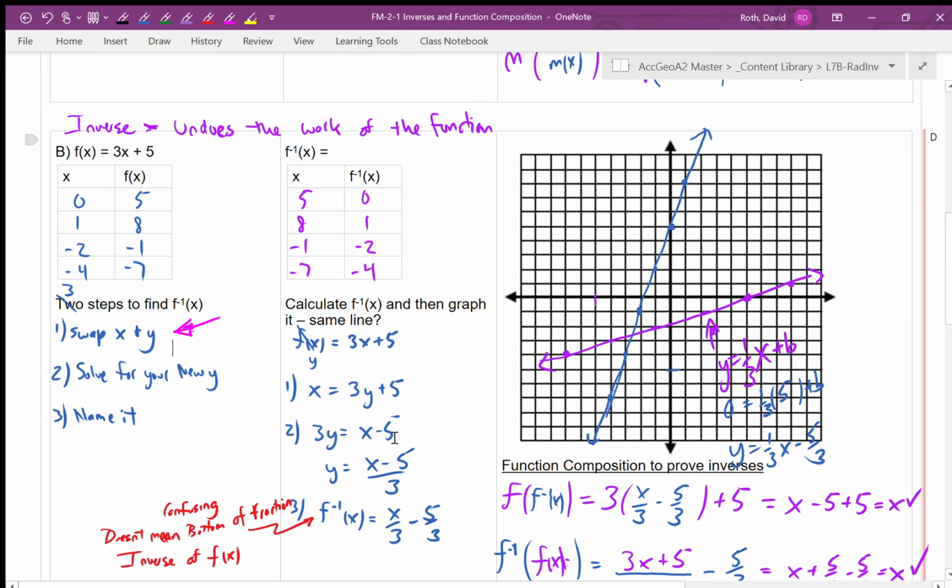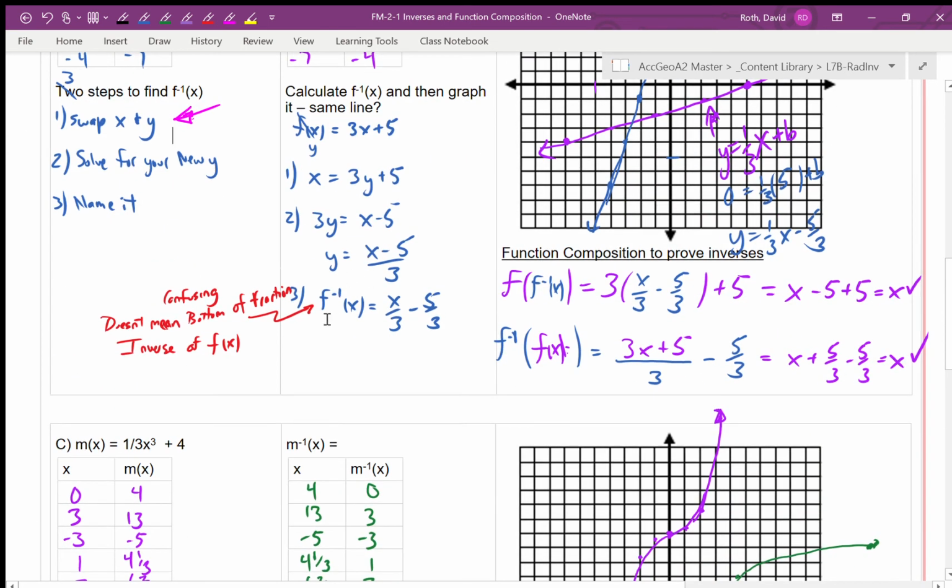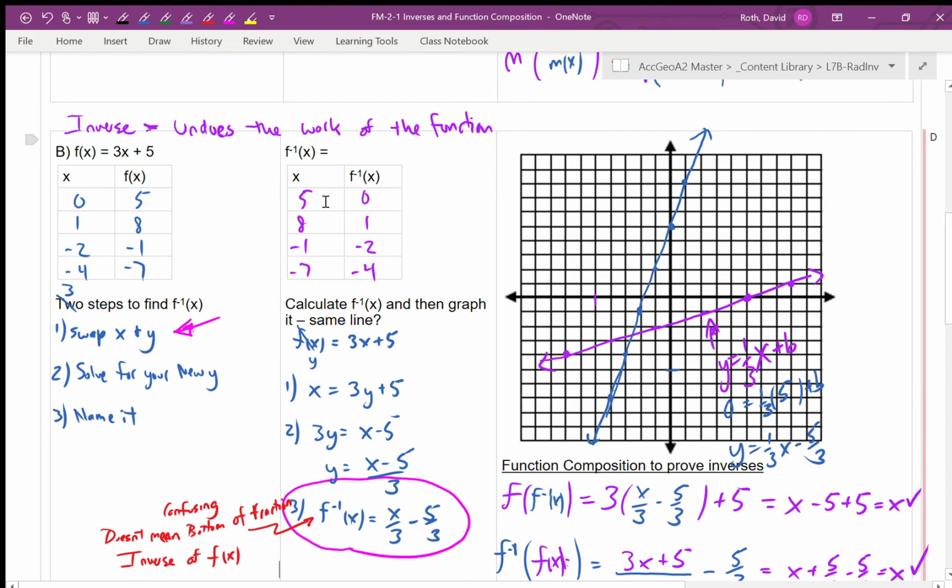So I did that right in this step, and then you get y equals 3, you know, the x minus 5 over 3, and then don't forget, name your new function. Instead of y, it is now f negative 1 of x. Does everybody see it right there? It's my new function notation. Okay, fine. When I graph that, I did this in a different order last year.